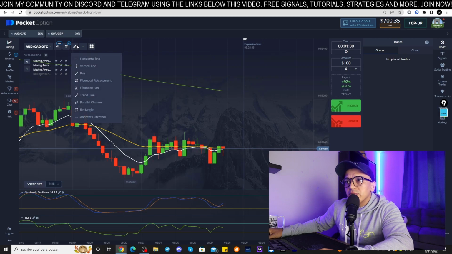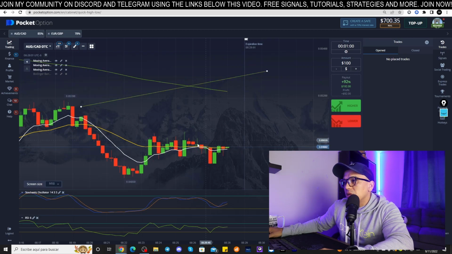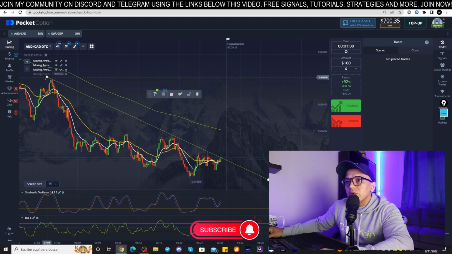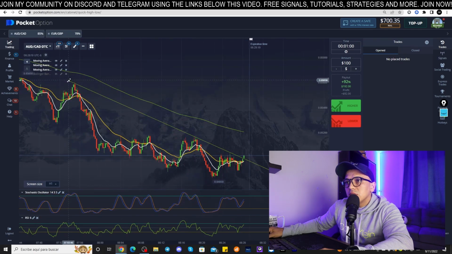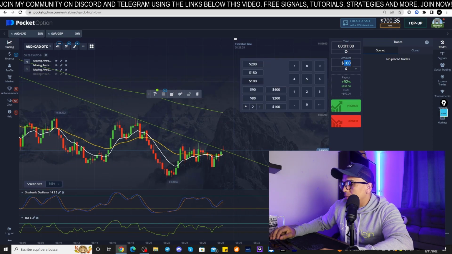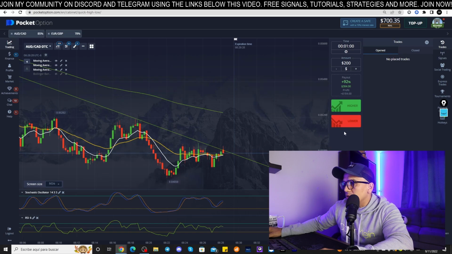Maybe we can have a trend line here. Okay, we have a trend line here, and this is the way we can identify a good trend. Let's use the maximums. This one here, 1, 2, 3, it crossed, and I believe it's going to have another push down, so we are going to take it for $200.